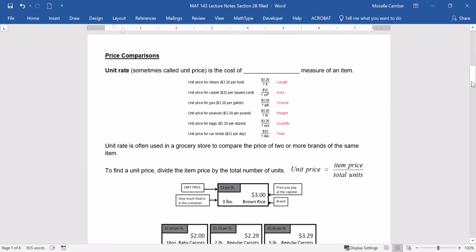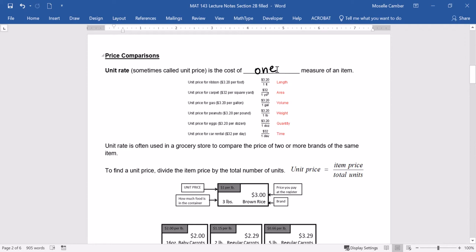Okay, another thing we're going to talk about here is what's called unit rates. Unit rates are a great way to compare different things to figure out which one might be the better value. We call it a unit rate because it is the cost of one measure of an item.